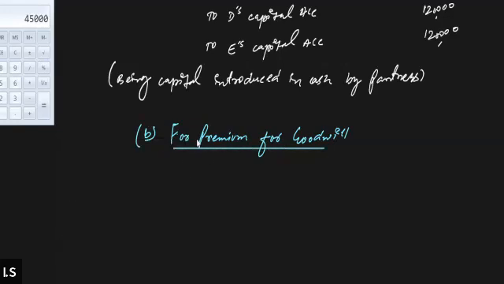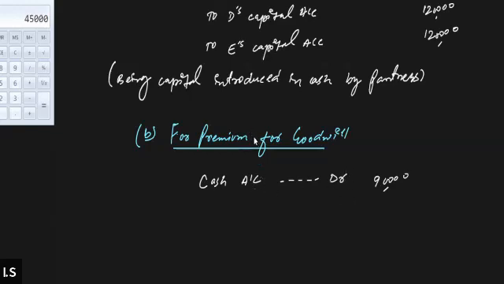And the general entry for this will be cash account debit, 90,000 by partner D, right?